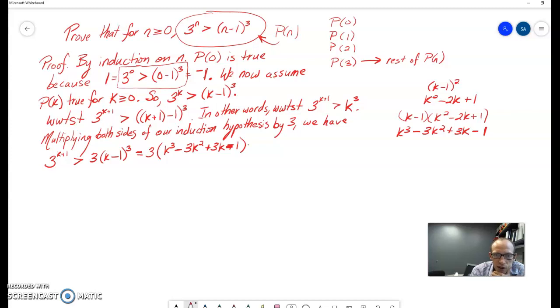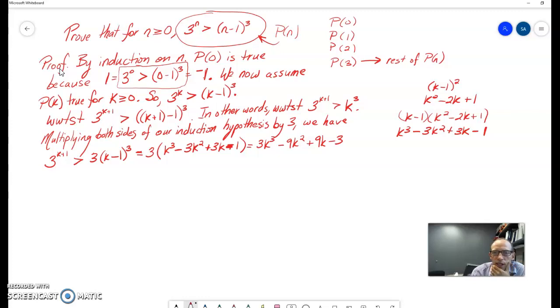Okay, so now we can distribute the 3 to get 3k cubed minus 9k squared plus 9k minus 3. So how do we know that this is greater than or equal to k cubed? I mean, it could be that this is a pretty powerful term here, right?